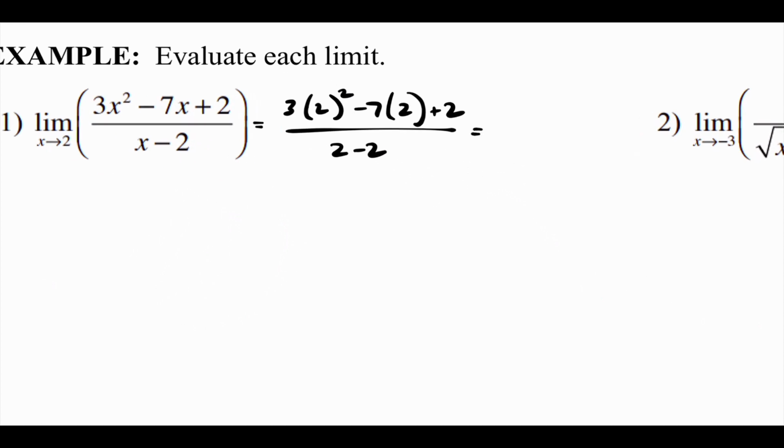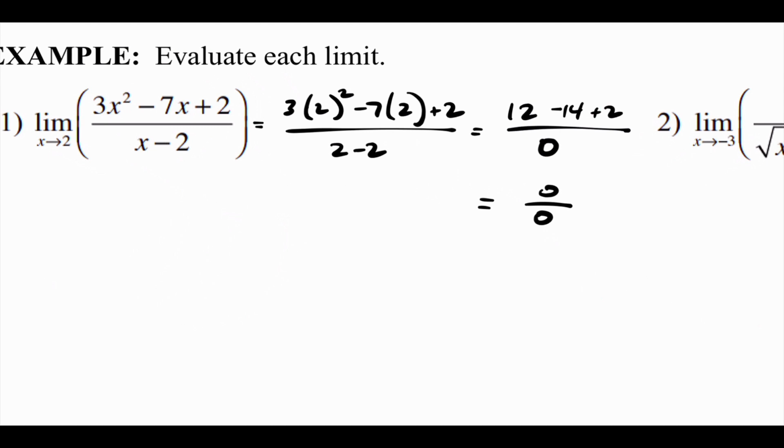So 2 squared is 4 times 3 is 12 minus 14 plus 2. 2 minus 2 is 0. So we're going to get 0 over 0. Indeterminate form. I get 0 over 0.